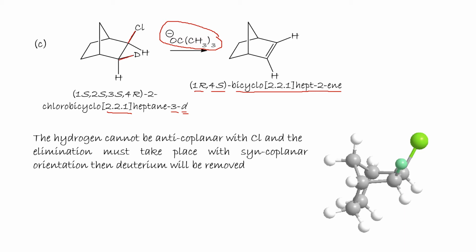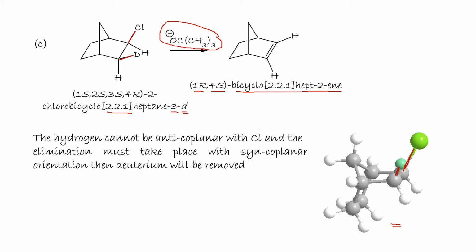We have studied this problem before, but I'm just getting it here to practice one more time. Making 3D of it, you will find that the carbon-Cl and the carbon-deuterium are coplanar.